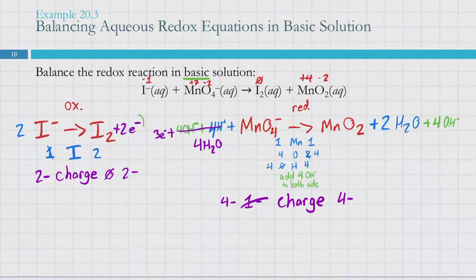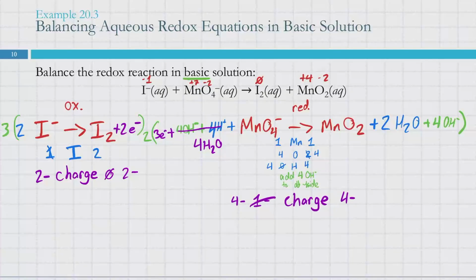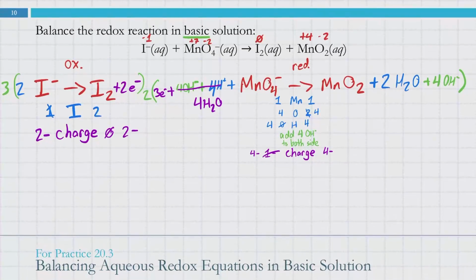So we get to multiply by 3 for our oxidation, by 2 for our reduction. So this turns into 6I minus goes to 3I2 plus 6 electrons.